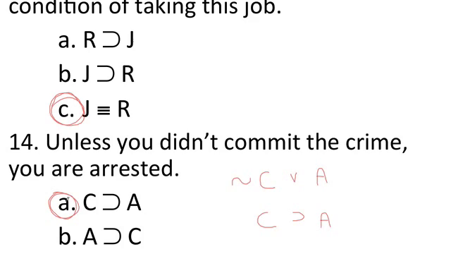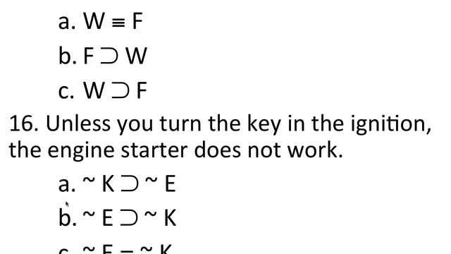That's A. Water is sufficient for putting out a fire. Water guarantees the fire goes out. That's the claim. So W is water is sufficient. F is putting out the fire.